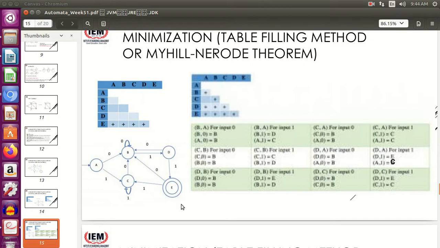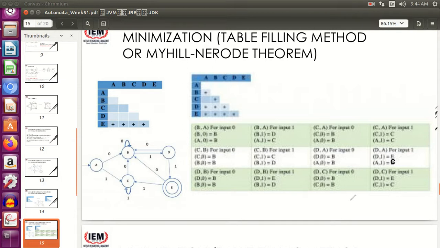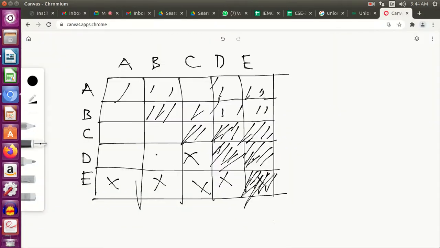BD also contains D, which will go to state E on getting a 1. So BD will also be marked. Next is AD. AD will also be marked because D on getting a 1 goes to E, which is already marked.